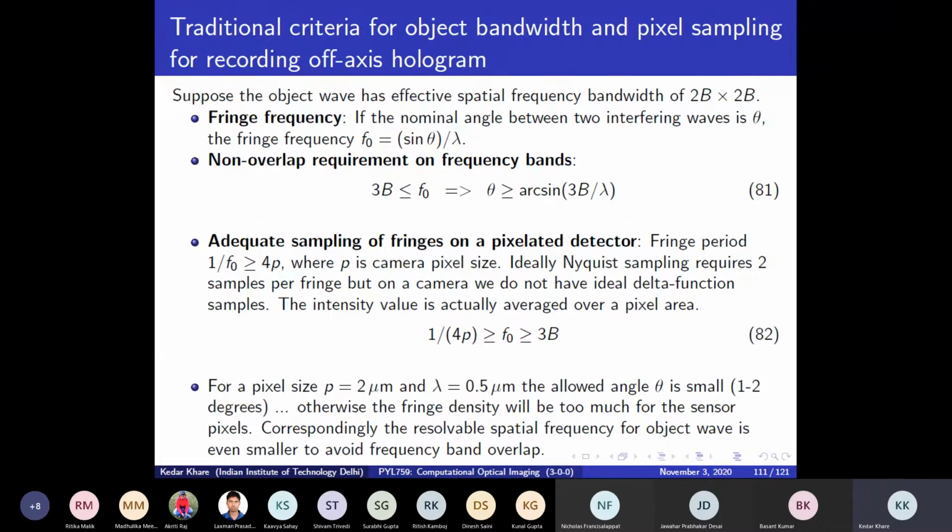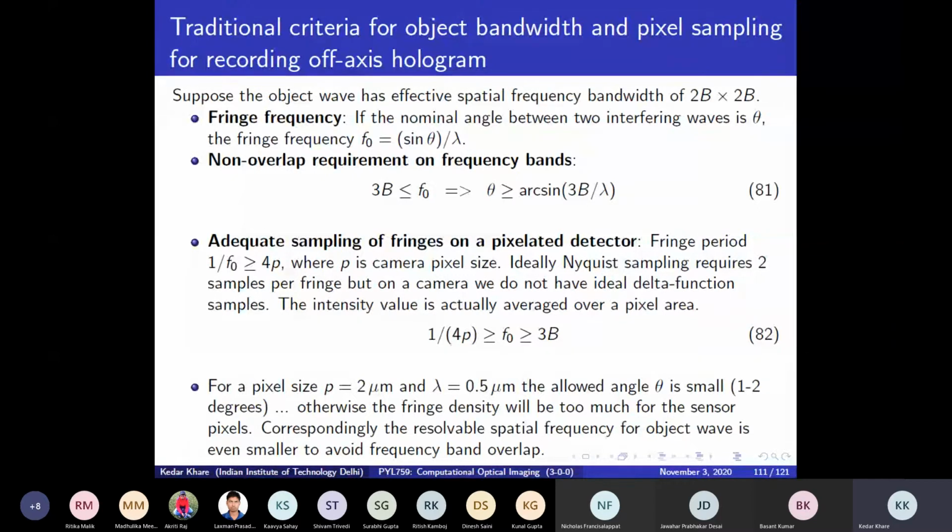But the angle cannot be too large, because if it is too large, then the fringes will be too dense and they cannot be sampled on the camera. So the typical angle that will be allowed in this case is small, typically just about 1 to 2 degrees. Otherwise the fringe density will be too much for the sensor pixels.